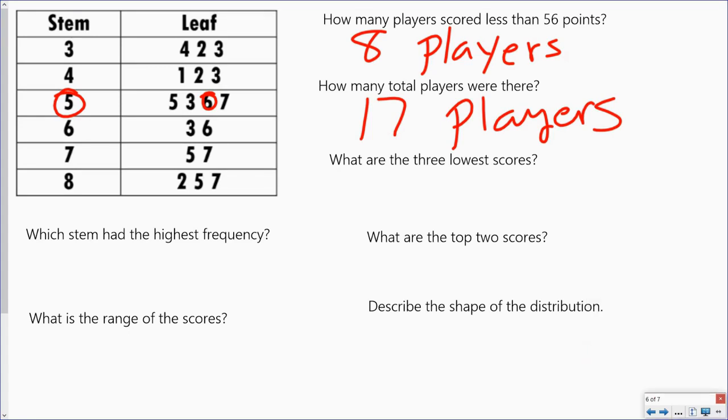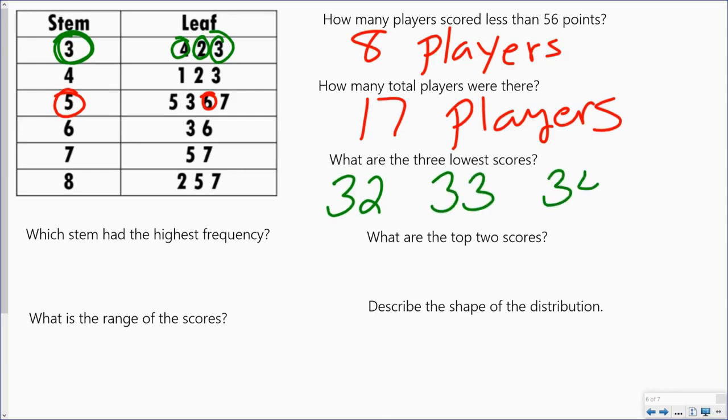So minimum on here would fall into the 30s because that's my least 10 value. And then I have 1, 2, 3 scores there. So my 3 least scores would be 32, 33, and 34.